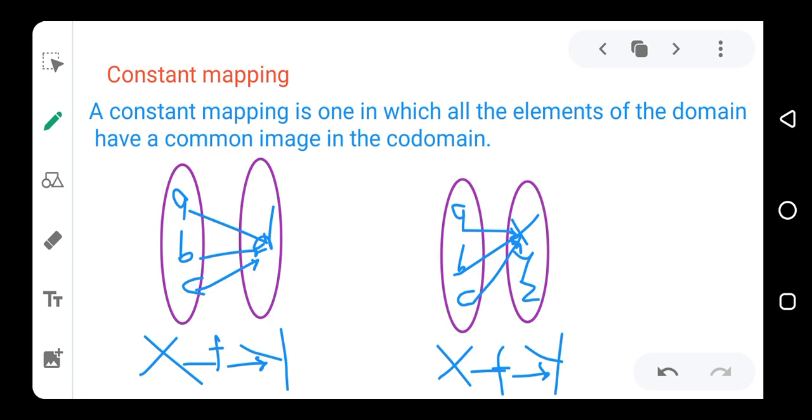So this is a constant mapping. So whether we have 100 elements in the codomain, if it must be a constant mapping, all the elements in the domain must map to just one single element in the codomain.